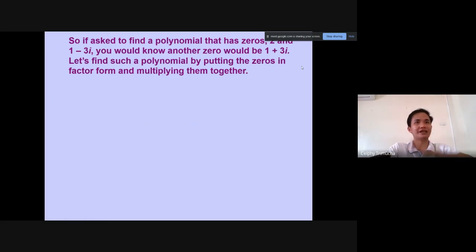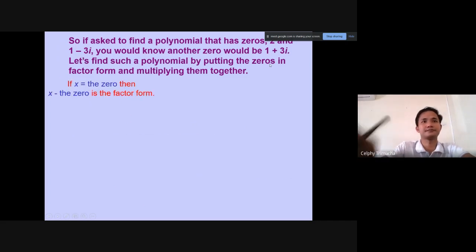So if asked to find a polynomial that has zeros 2 and 1 minus 3i, for example, given sa aton nga pangitaon mo ang polynomial nga iyang roots include 2 and 1 minus 3i, you would know nga another factor niya is 1 plus 3i, kay dapat conjugate sila. Okay?